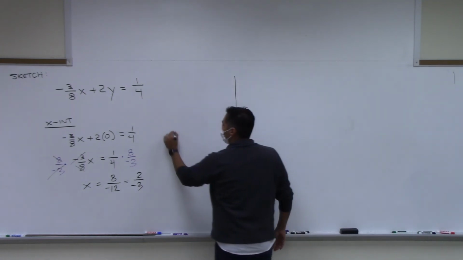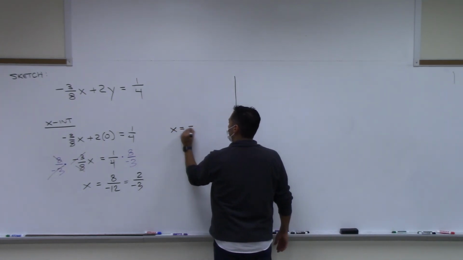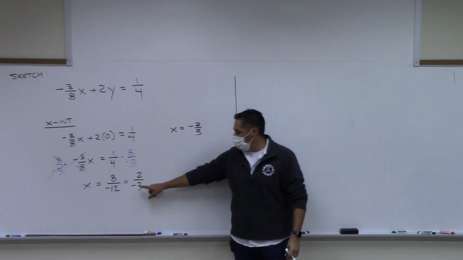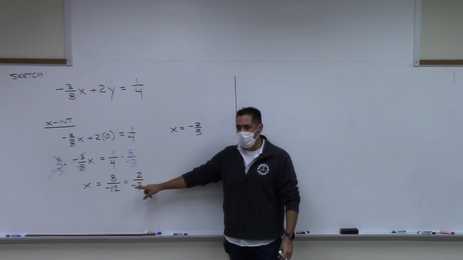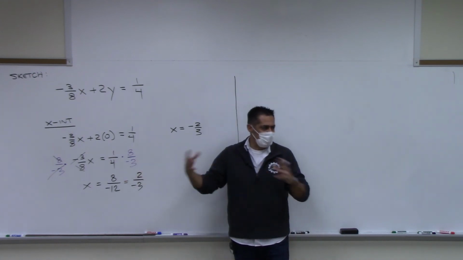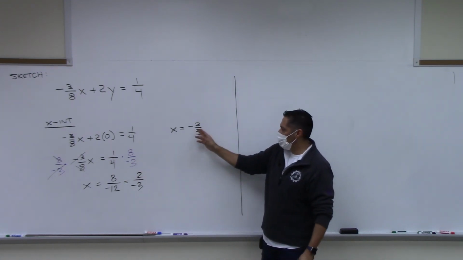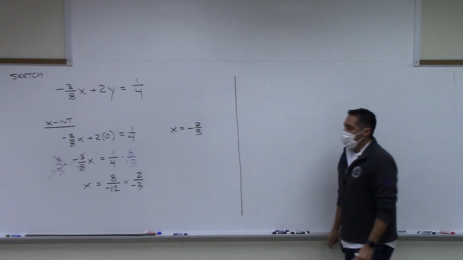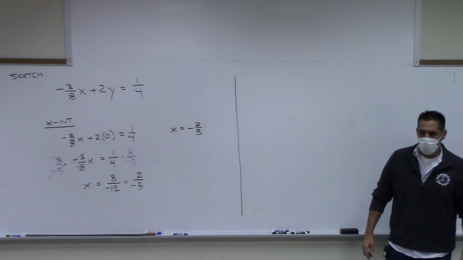So your x-intercept is, watch the way I write this, negative 2/3. Remember when we talked about this at the very beginning, that if you have a negative on a fraction, the negative can be on the bottom or the top or out front. They're all the same. So I put mine out front. Negative 2/3 is our x-intercept.